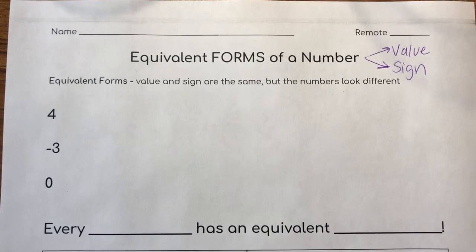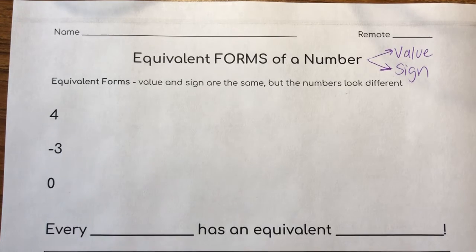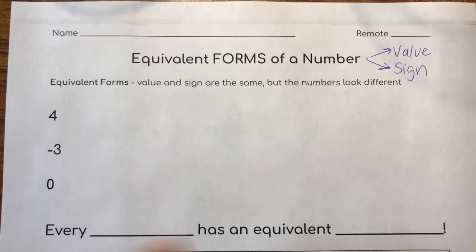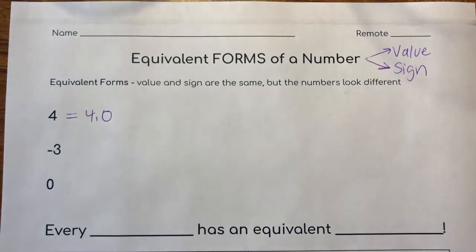So let's look at some equivalent forms of some nice numbers. The number 4 right now is written in probably its best form, but we know that its value is 4 units from 0, and we know that its sign is positive. But I could write 4, if I wanted to, as a decimal. I could write it as 4.0.